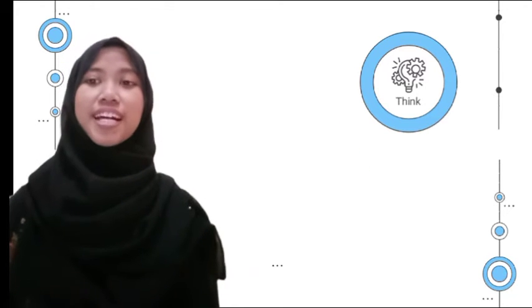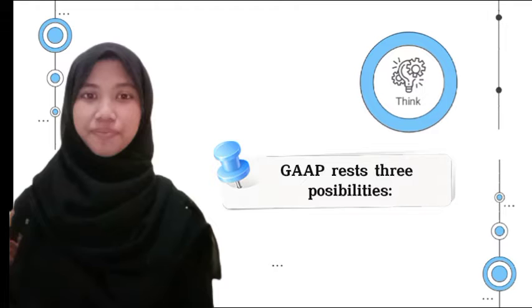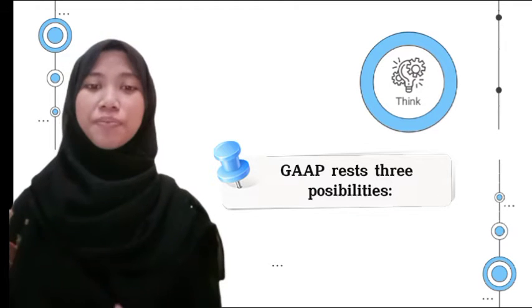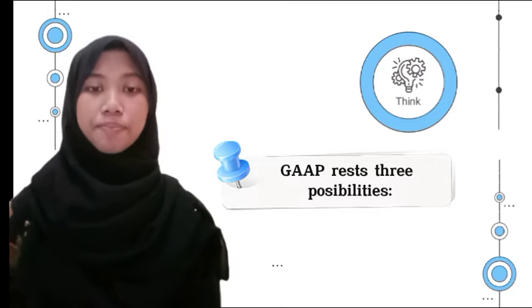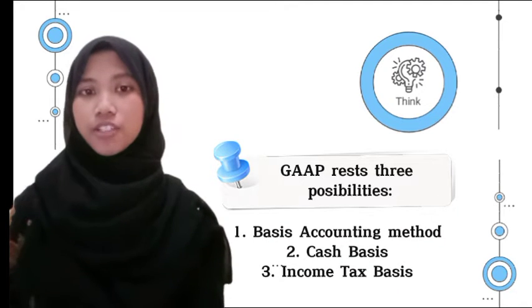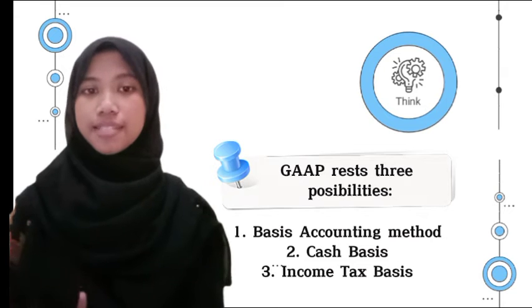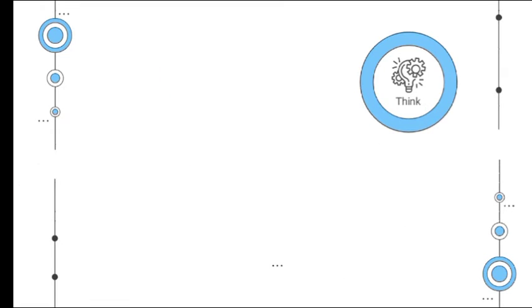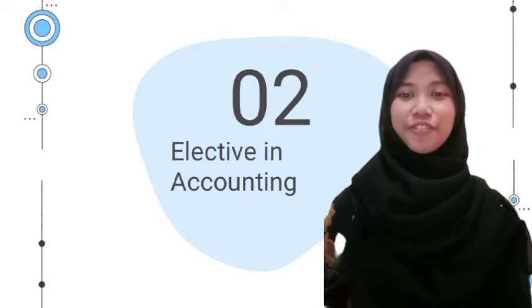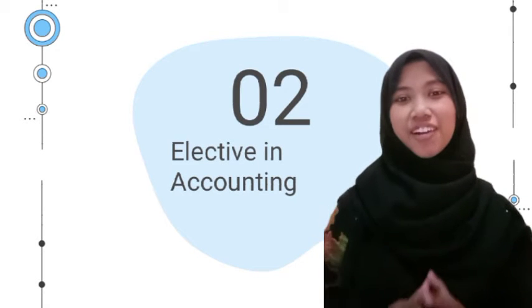Given the various alternatives for solving accounting standard problems that are grouped differently from GAAP, there are three possibilities in principle: first, the accrual accounting method, second, the cash basis, and third, the income tax basis. Okay, that is the discussion on the excessive accounting standard.